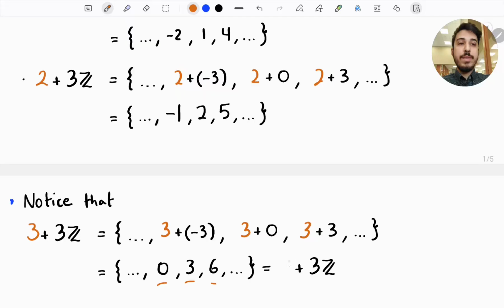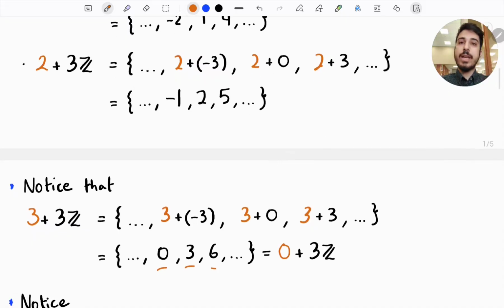But that is just 3Z. That is just equal to 0 plus 3Z. So you can see that we're getting into a cycle of repetition here. We're not going to get an infinite number of cosets, even though 3Z is infinite and Z, of course, is infinite. The number of cosets is finite in this case.